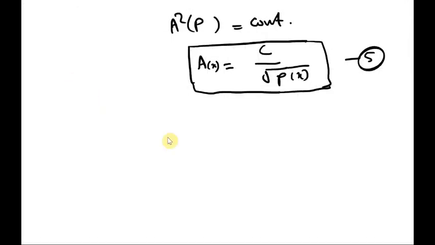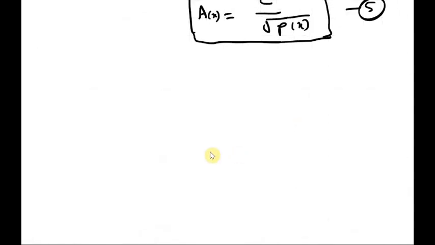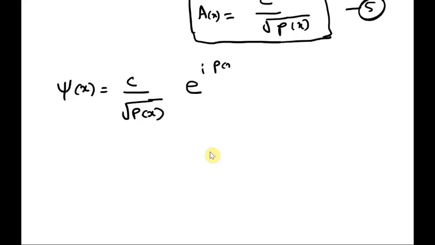Okay, so we found s of x and a of x, and now we can write the complete solution of psi. So the psi of x in the general form will be some constant c divided by root p of x into an exponential term with i s of x, which we found as the integral of p of x dx, and we have one explicit h cross over there.